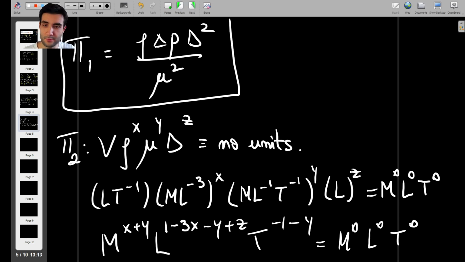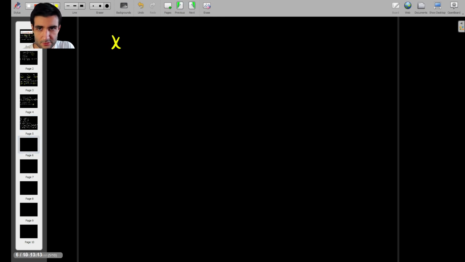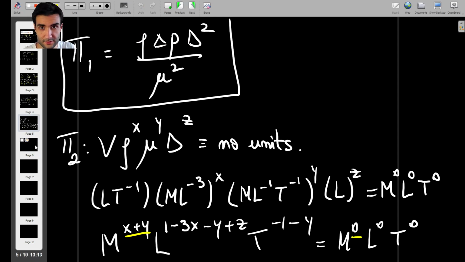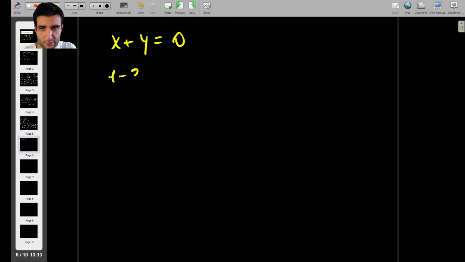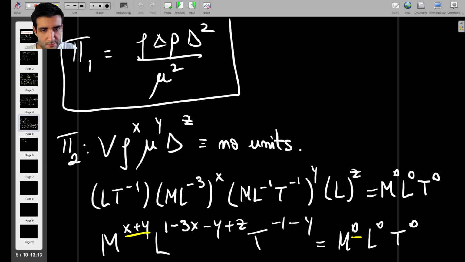What do we do now? We compare the powers as usual. So we have x plus y is equal to 0, which we write like this. Then we have the second thing. So 1 minus 3x minus y plus z, just double check. So it's minus 1 plus z. Okay, looks fine.